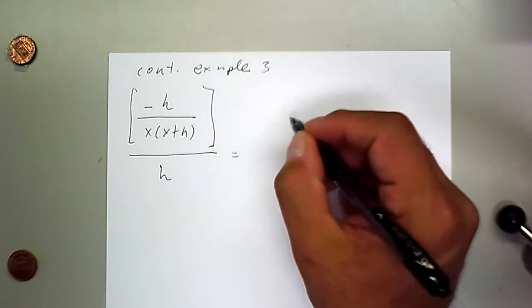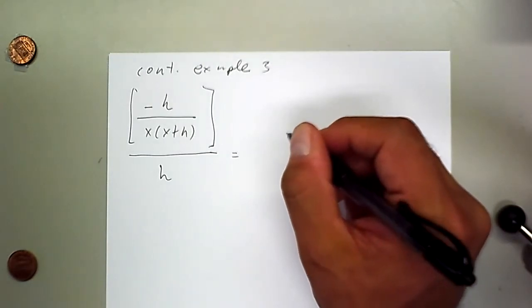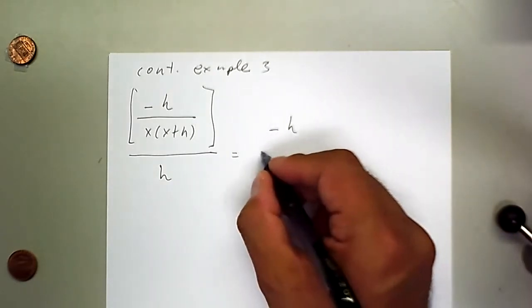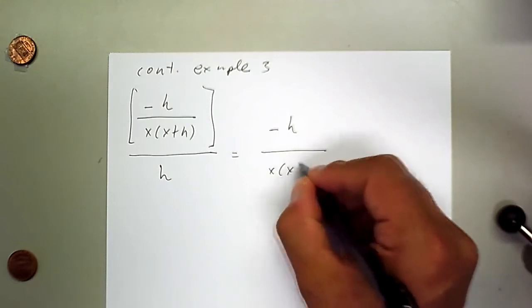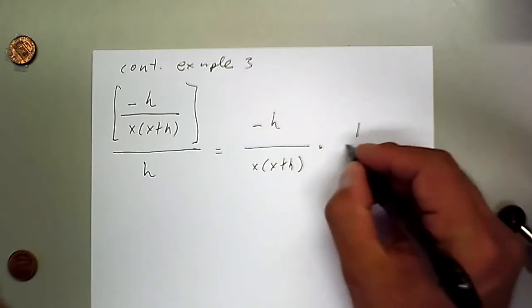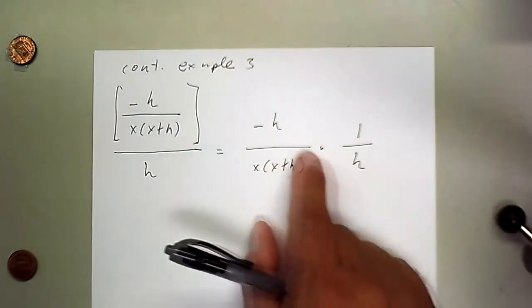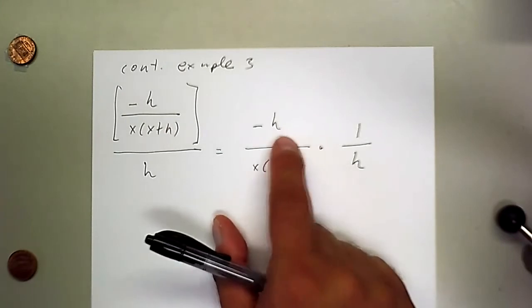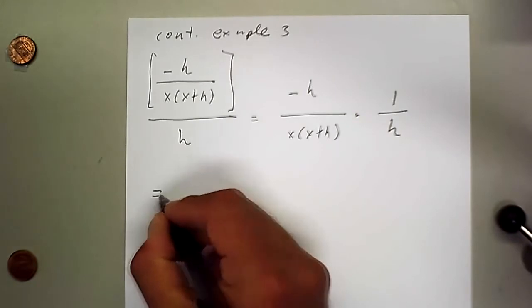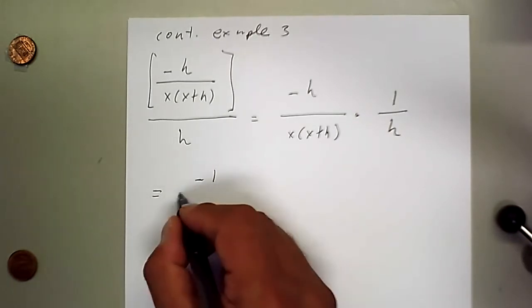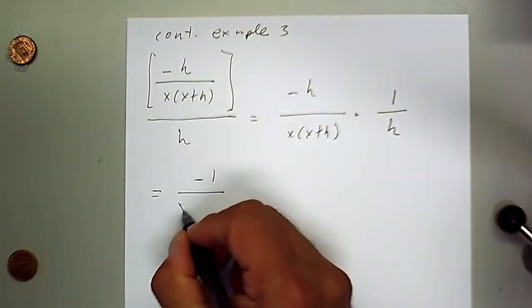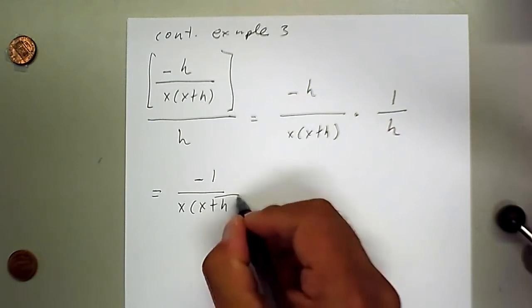So when we multiply by the reciprocal, we're going to end up with negative h over x times (x plus h) times the reciprocal of this h, which would be 1 over h. Now the two of them simplify down because we are multiplying by h to then divide by h, so they undo each other. And we finally end up with negative 1 over, the negative remains there, only the h is simplified, x times (x plus h).